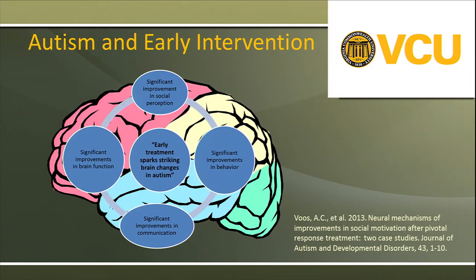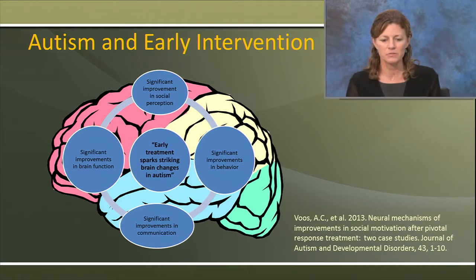And one of the other things I want to point out, there's been much research lately on how early intervention can also make striking changes in the actual structure and functioning of the brain. This is really important because we know during the first years of the child's life, the brain is very malleable. It is still developing. And if we're providing early intervention services, we can actually help reinforce connections in the brain, break down some of those connections that aren't useful to the child, and as I said, really make some changes within the brain itself.